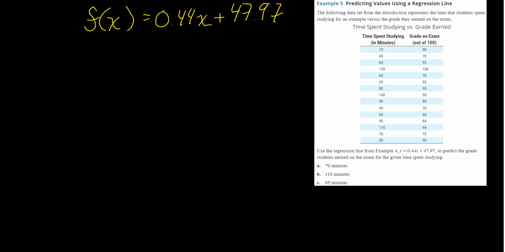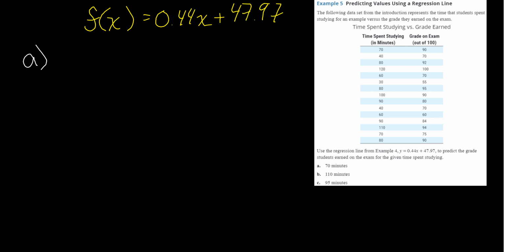Well, y and f of x are essentially interchangeable, so I'm going to go ahead and rewrite it as f of x is equal to 0.44x plus 47.97. Now it's very important that I do this because I want to get you guys accustomed to the notation, because notation is very important in mathematics.